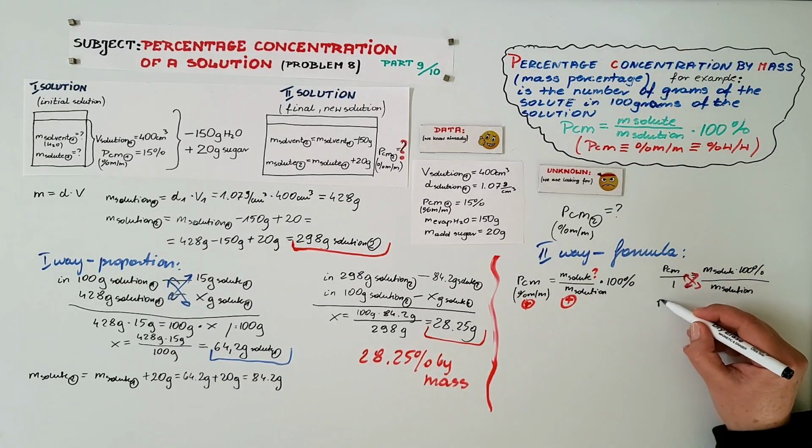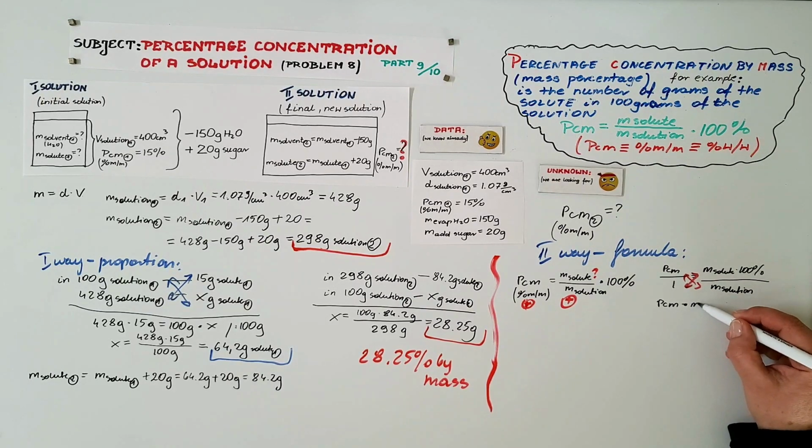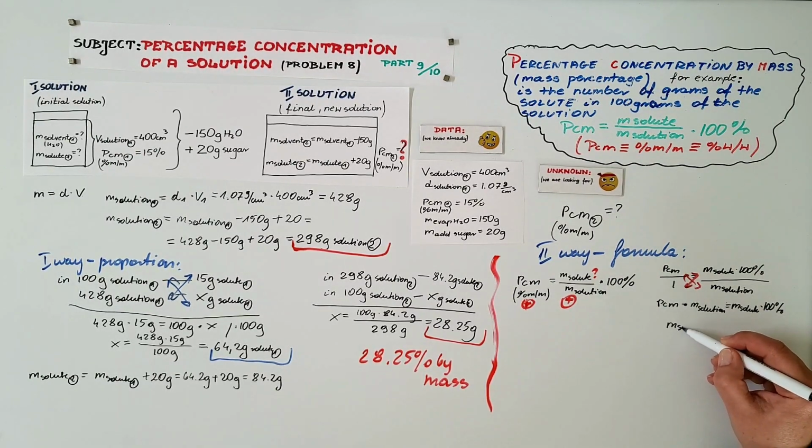So percentage concentration by mass times mass of solution equals mass of solute times 100%. So mass of solute equals percentage concentration by mass times mass of solution over 100%.